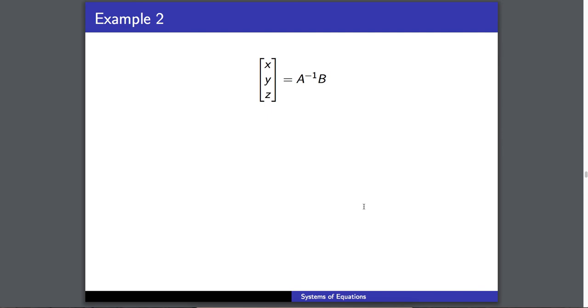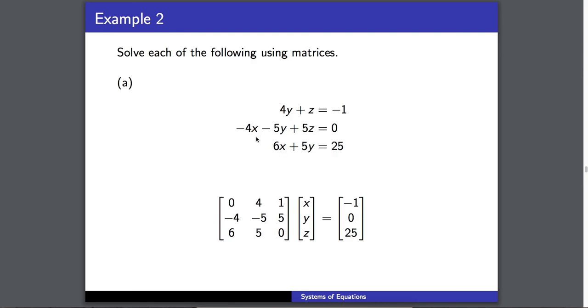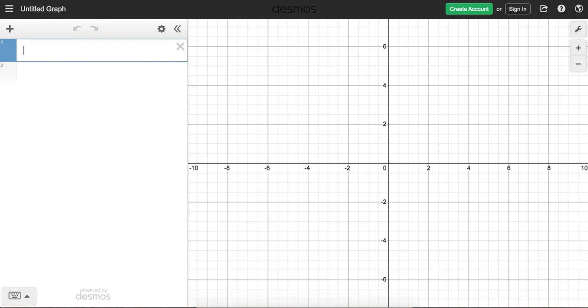And so to get the variables X, Y, and Z, we need to multiply the inverse of A by B. So in order to do that, we're going to use Desmos. However, normally we use the graphing calculator for Desmos.